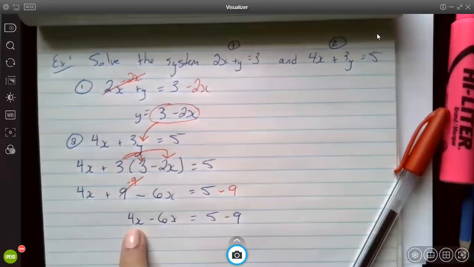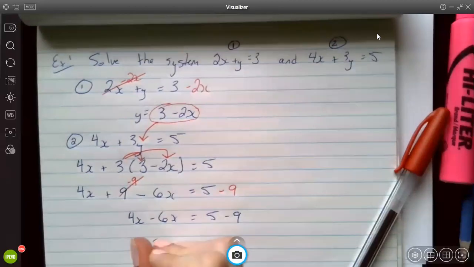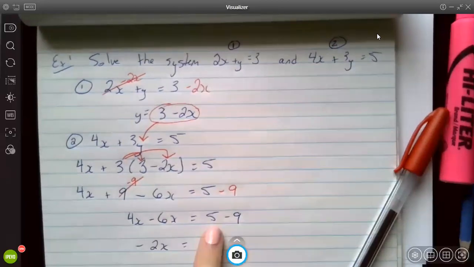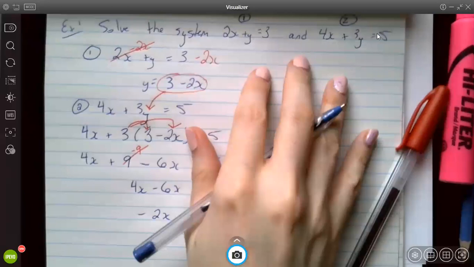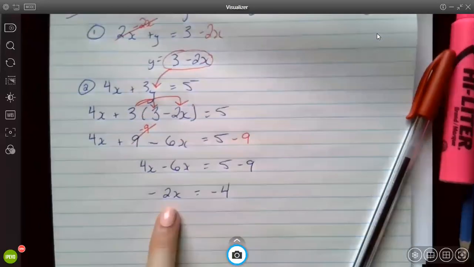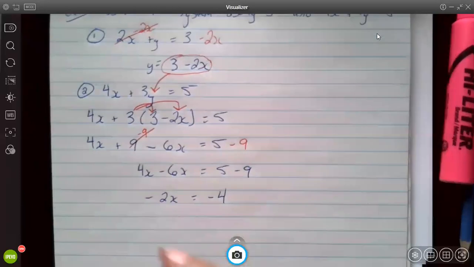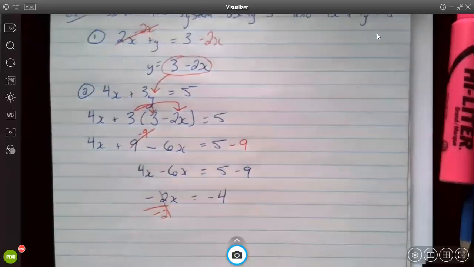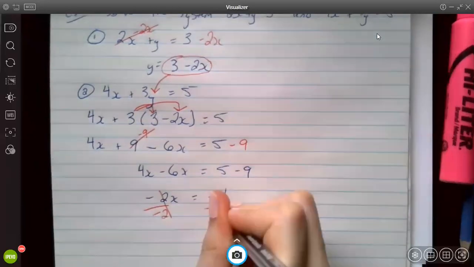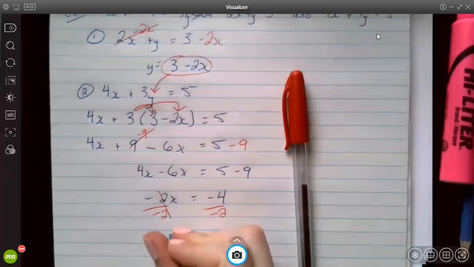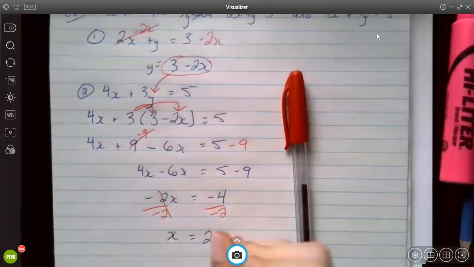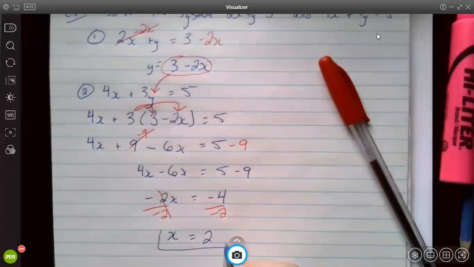So 4x minus 6x is negative 2x, and 5 minus 9 is negative 4. And then our last step is to isolate the x. So we divide by negative 2 to get the x by itself. And that'll leave us with x equals 2 as our solution.